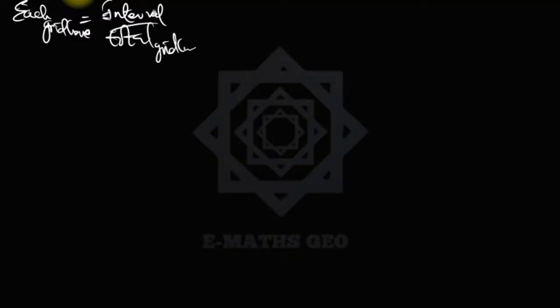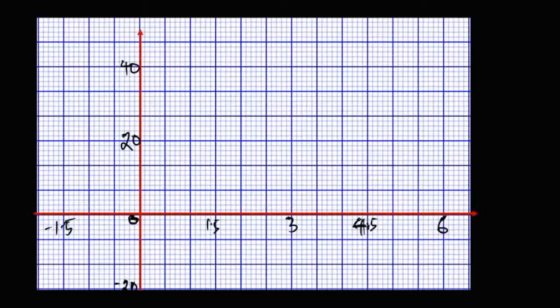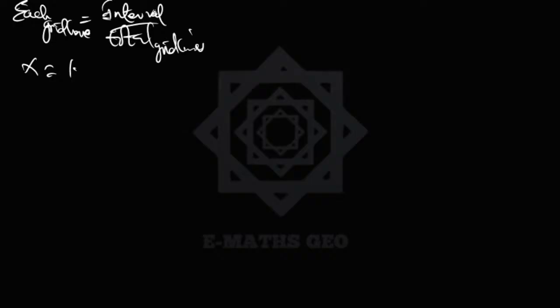Each grid line is the interval you are moving over the total grid lines. For x, we are moving at an interval of 1.5, and the total grid lines for that is 5 times 15, so 1.5 over 15, which is 1 over 10. So each grid line is 0.1 for x.